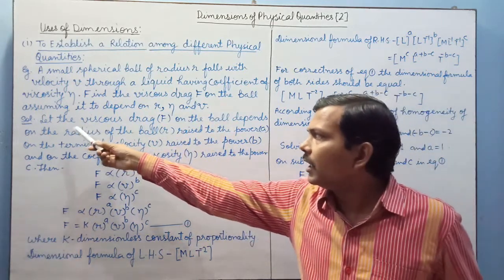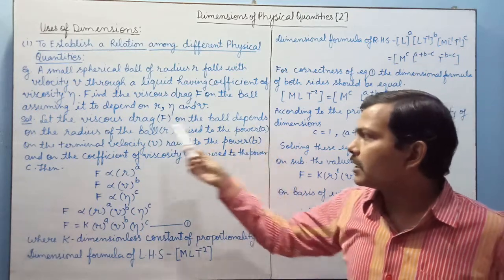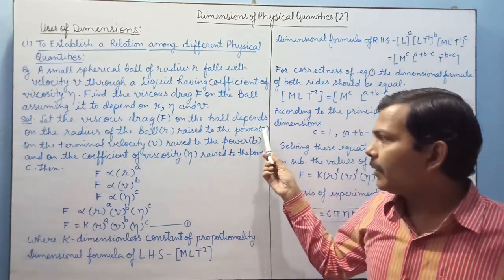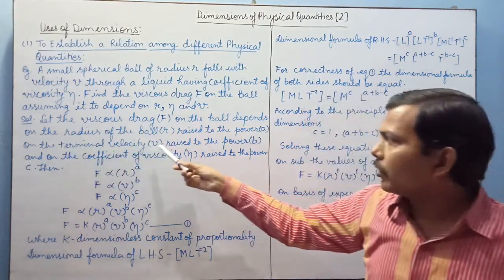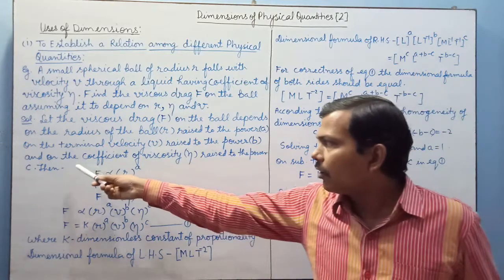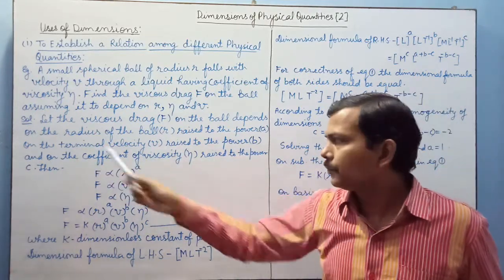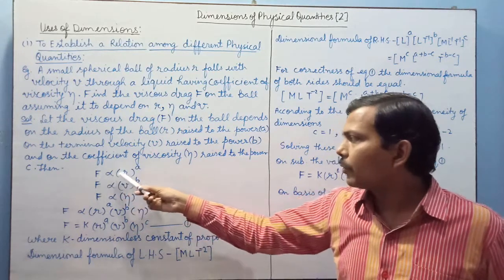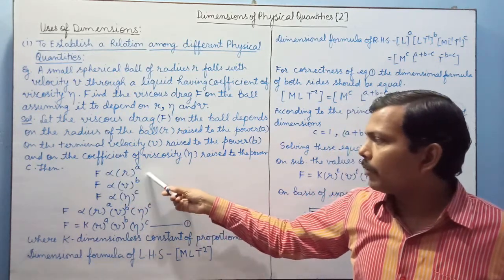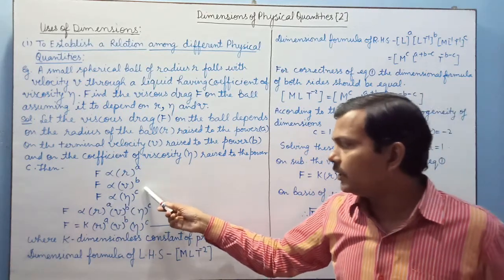Now let us consider the viscous drag F on the ball depends on the radius of the ball small r raised to the power a, on the terminal velocity v raised to the power b, and on the coefficient of viscosity eta raised to the power c. So F is directly proportional to r power a, F directly proportional to v power b, and F directly proportional to eta power c.